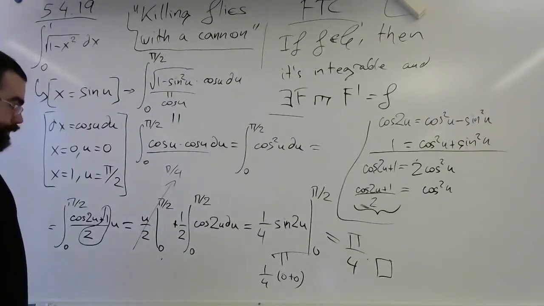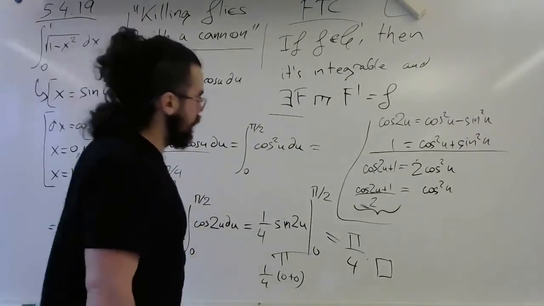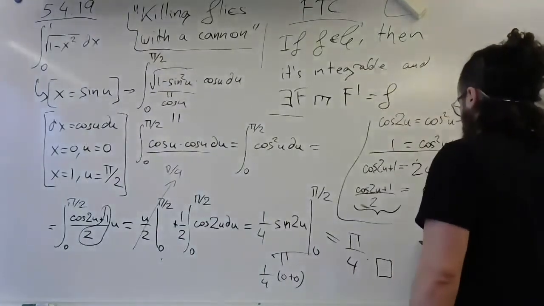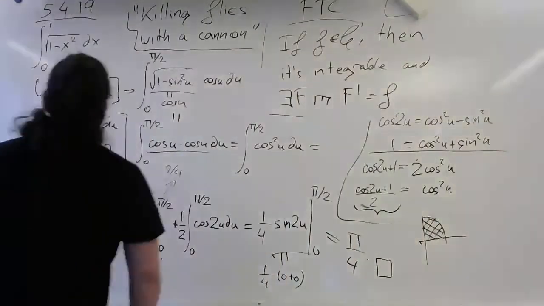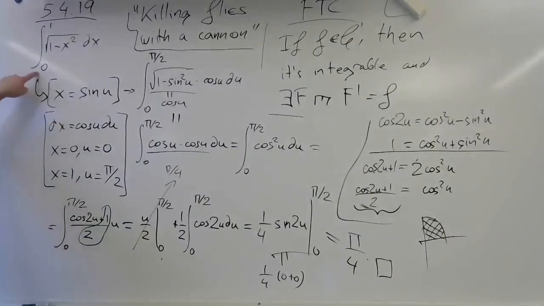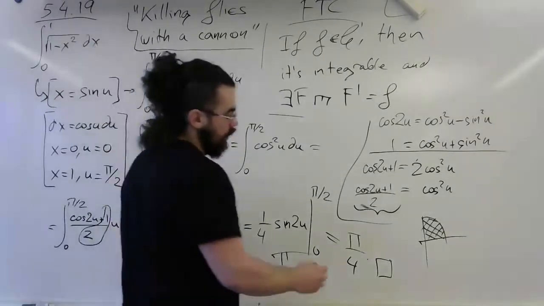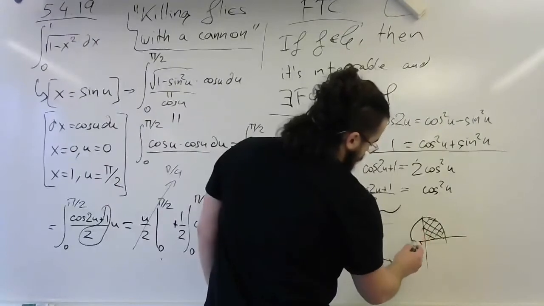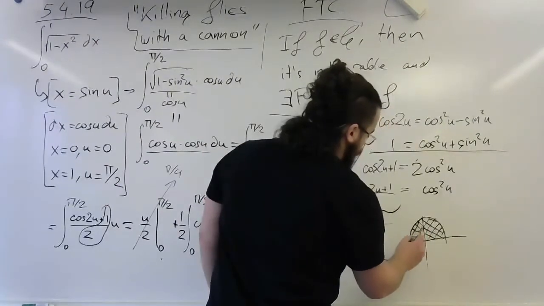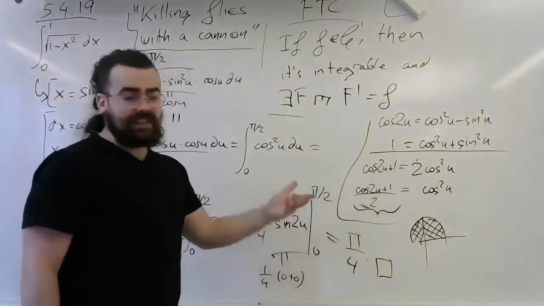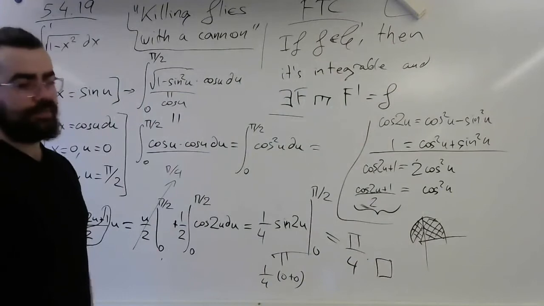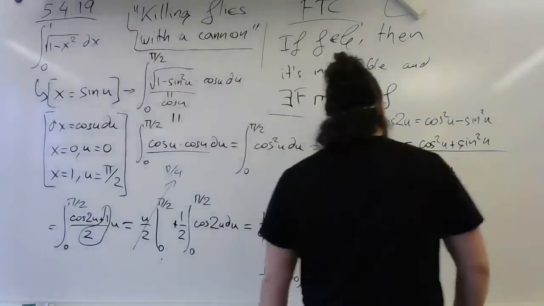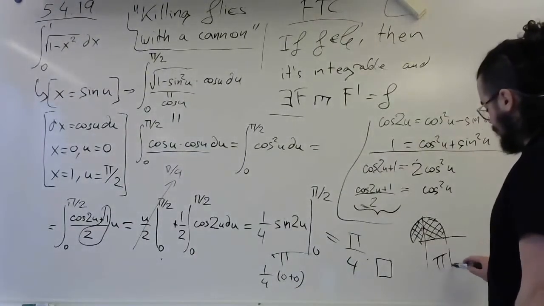Funny enough, this represents the area of a quarter circle, as I said. If you change the integration limits, and here you put -1, you get the other half, and then by symmetry you multiply by 2, and that's how you get the popular area for the circle, pi r squared.